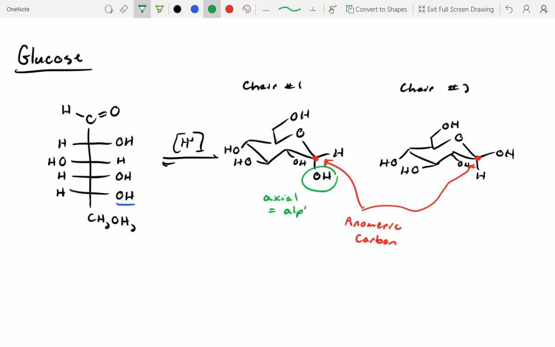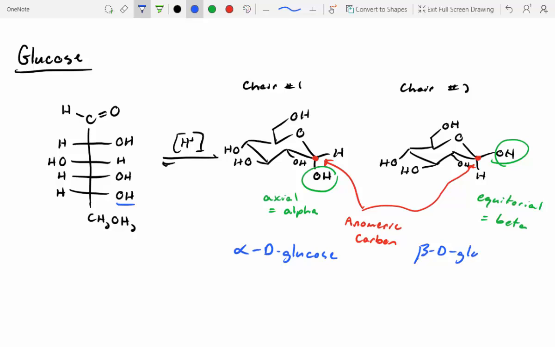This means that this is alpha, right? If we look over here, this one's equatorial, which means that this is going to be beta D-glucose. So let's label these on the left and right. This would be alpha D-glucose. This would be beta D-glucose.